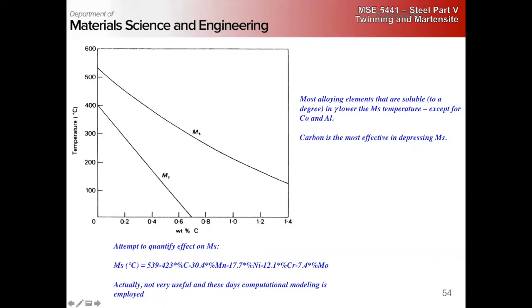If you were actually doing this, ThermoCalc modeling is much more accurate for predicting martensite than these types of relationships. Right? Okay. So why does increasing the carbon decrease the Ms? Because there isn't room. It wants to go to ferrite, right?